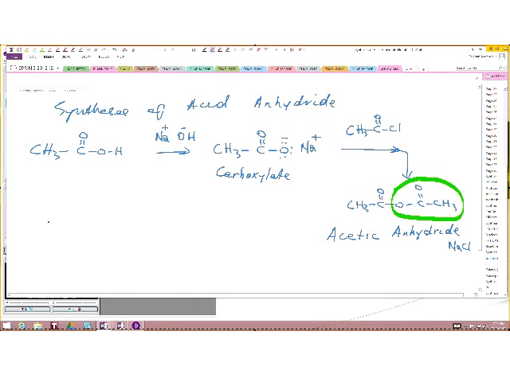Now, supposing we have a mixed anhydride. Supposing we have this. Take benzoic acid. Step 1 will give us the carboxylate ion. And then step 2, you add any appropriate acid chloride. Okay, let us say we want to do this.